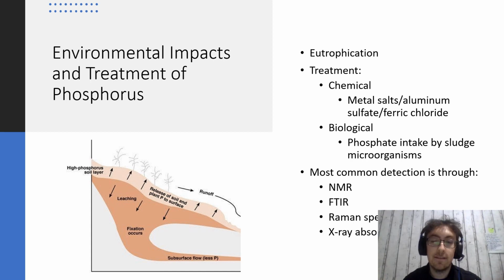And some treatments that are commonly used for this involve chemicals, specifically metal salts, with aluminum sulfate and ferric chloride being two common ones.